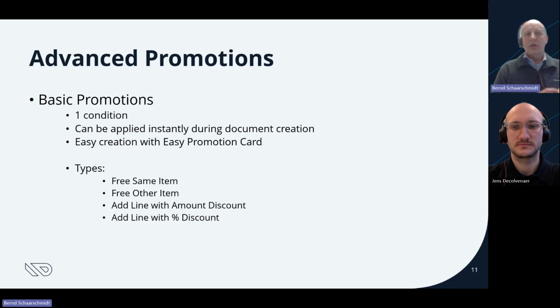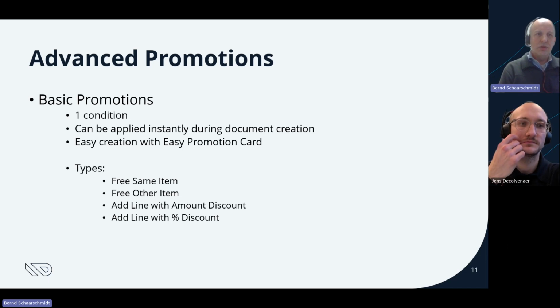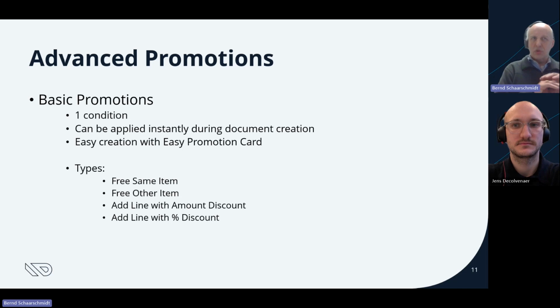We will see in our advanced promotions app that we have 2 kinds of promotions. The first one is what we call the basic promotions. That's, I would say, the entry level. There is one condition that is mostly initiated on one line of the sales document. It's very easy to set up and it will be applied also instantly.